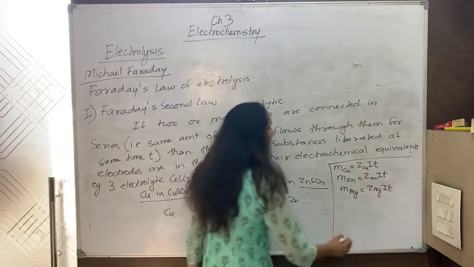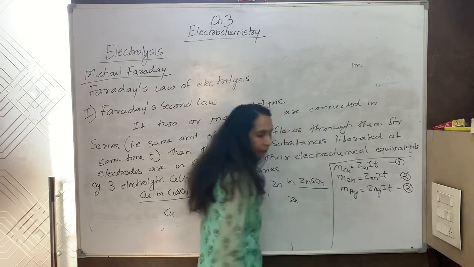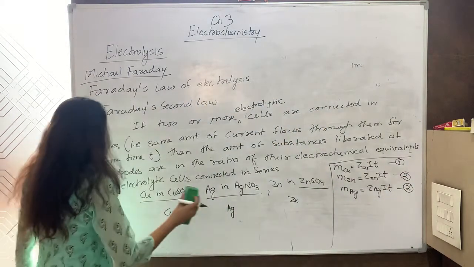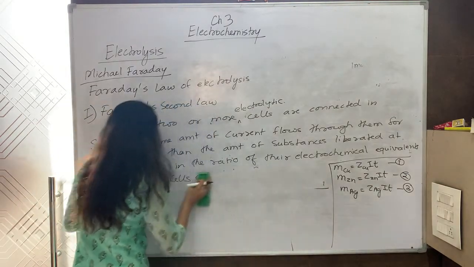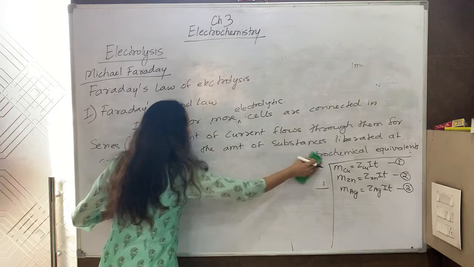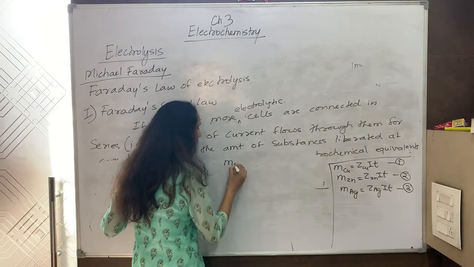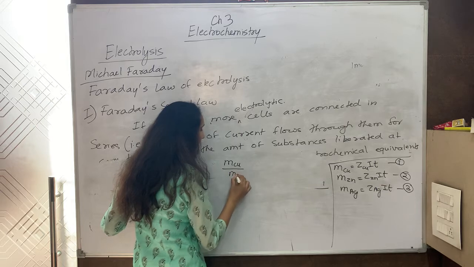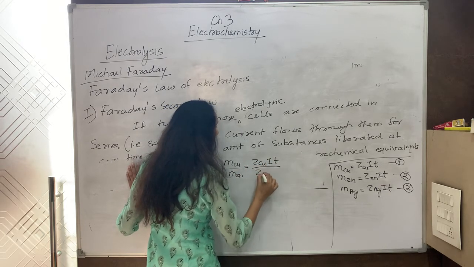Now what I do? I divide equation 1 by 2. So what it will be? M of copper upon M of zinc is equal to Z of copper upon Z of zinc.